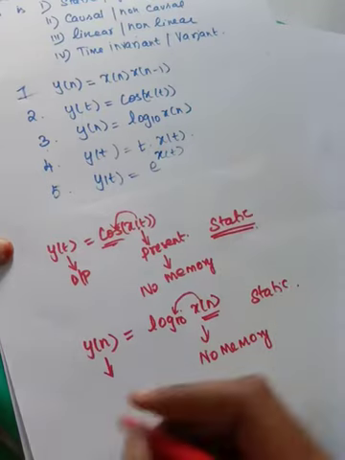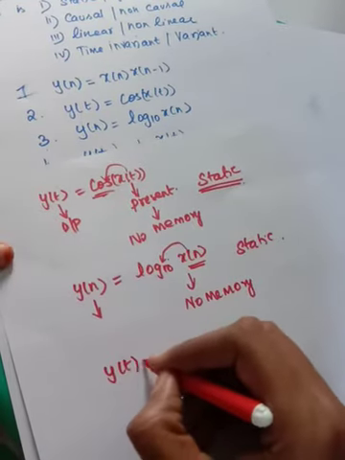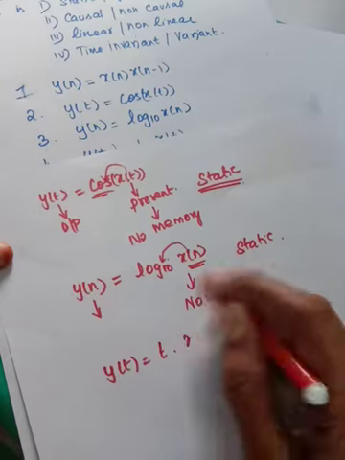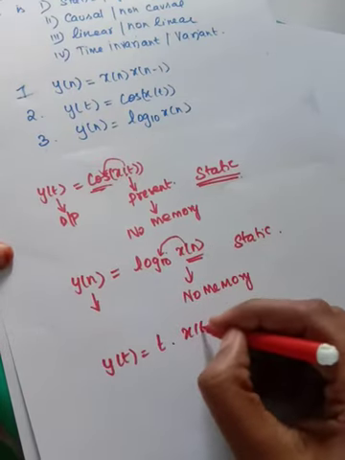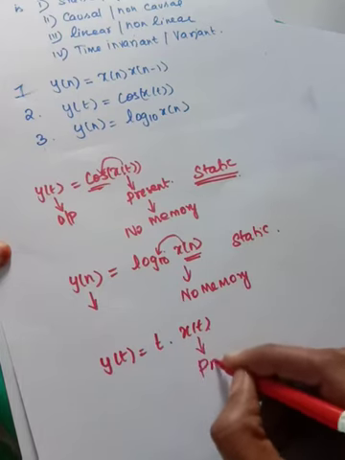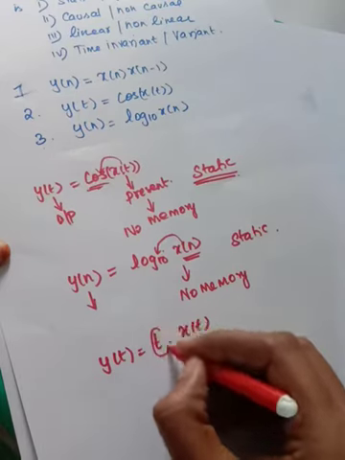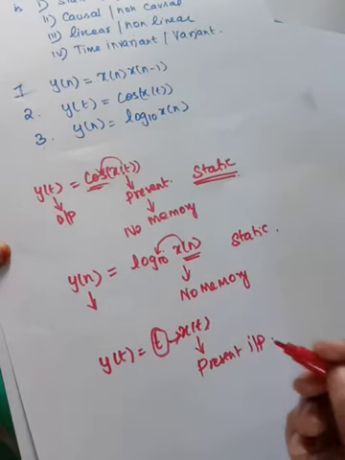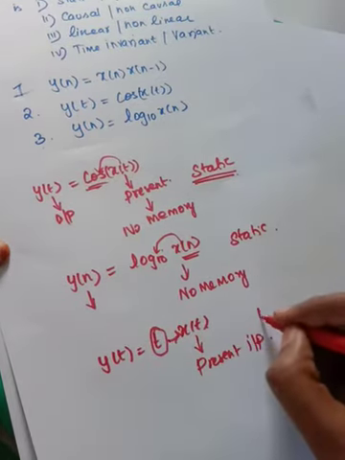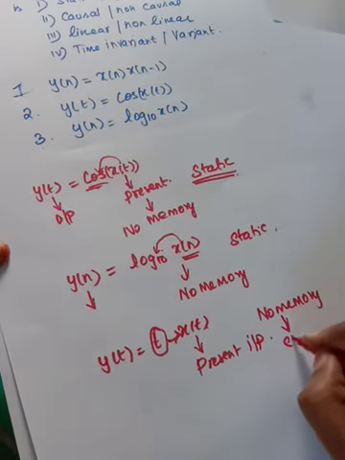Next one, y of t equal to t into x of t. Here also y of t depends only on the present input value. It does not depend upon past input values, it is just performing the operation with x of t. So no memory is required and the system is said to be static.